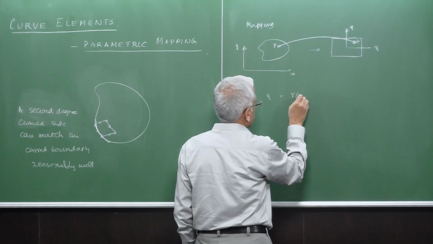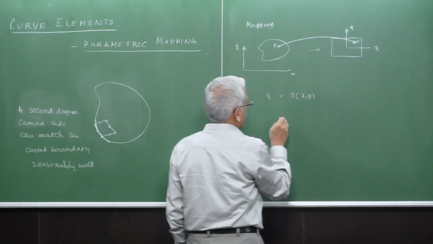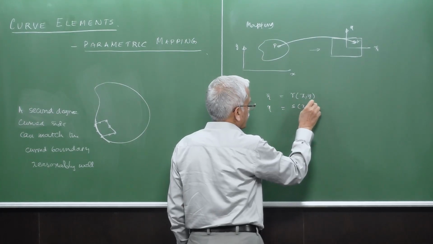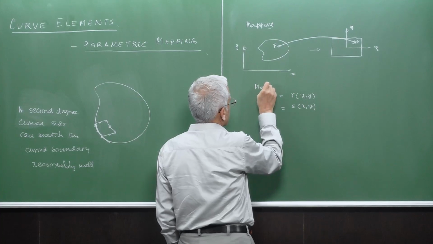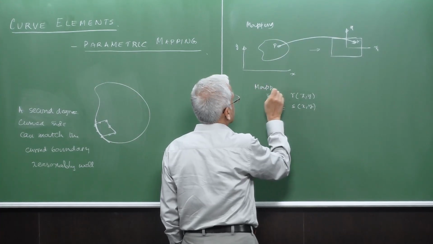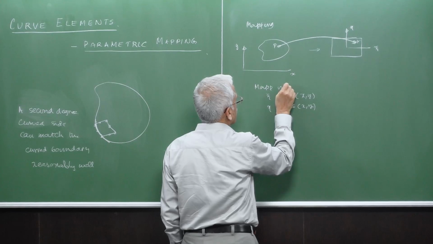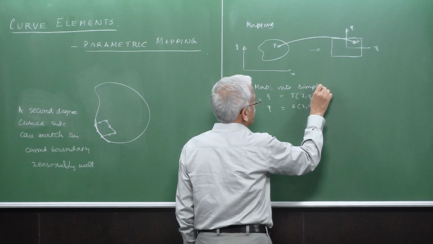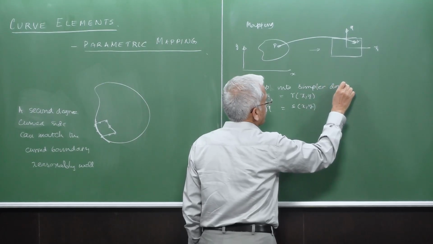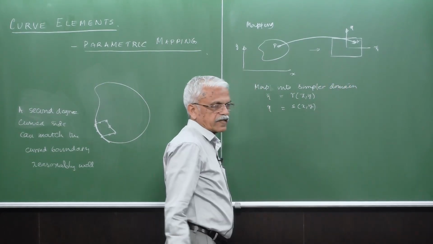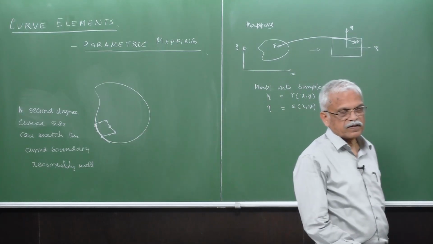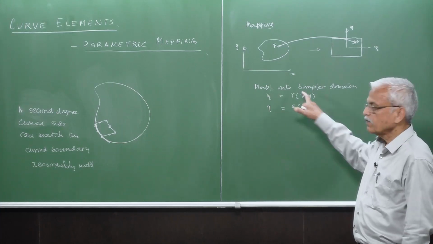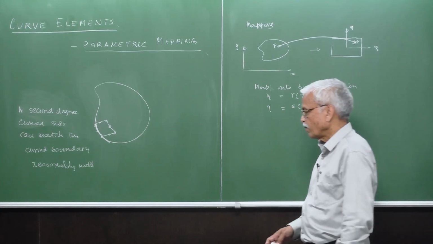The mapping function, xi eta, can be found by some functions, let us say R and S, mapping into a simpler domain. This is regarding, of course, geometry. We will also talk about the approximations a little while later, but let's first look at the geometric mapping.